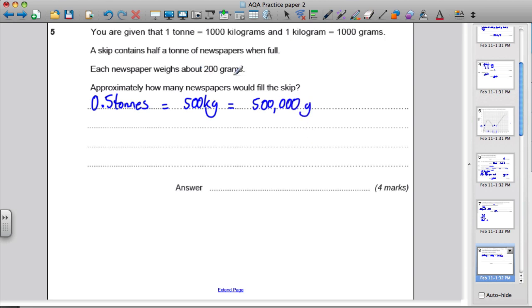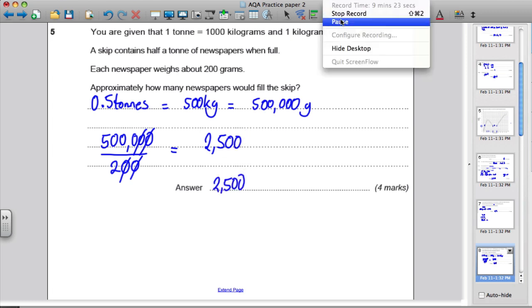Now, each newspaper weighs 200 grams, so to work out the number of newspapers, you divide the total weight of the skip by the weight of a newspaper, which is 200 grams. You can cancel zeros here. 5,000 divided by 2 equals 2,500 newspapers. So the answer is 2,500.